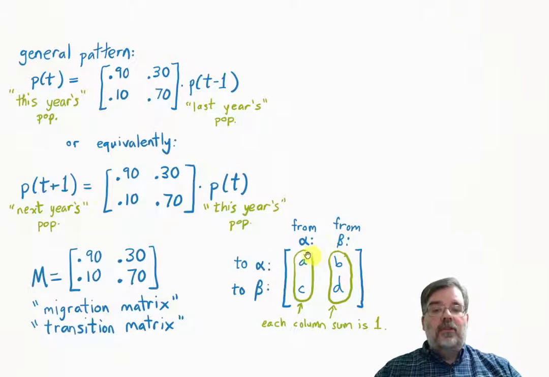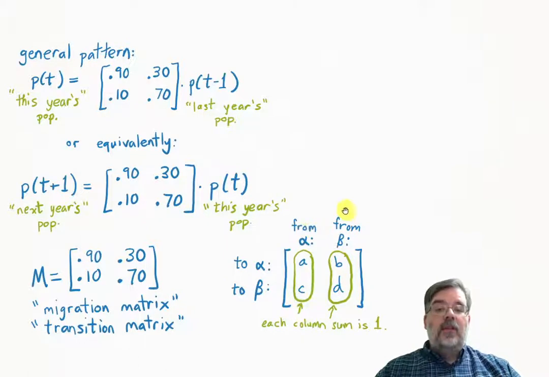And to create this matrix in general, the rows tell you how much is going to be migrating to a particular location. This first row, these numbers A and B, refer to percentages going into area alpha. And the second row, those are the percentages coming into area beta.